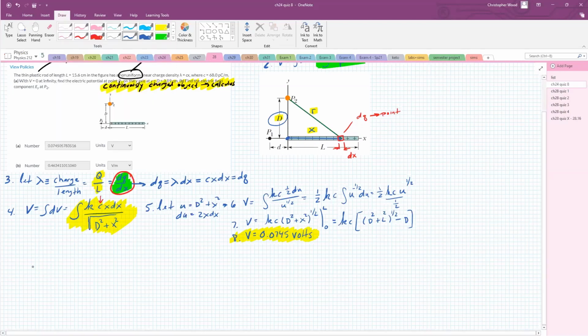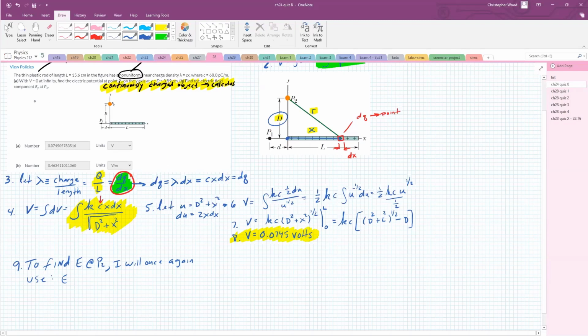So step 9 says, to find the electric field at point P2, I will once again use E, the electric field.